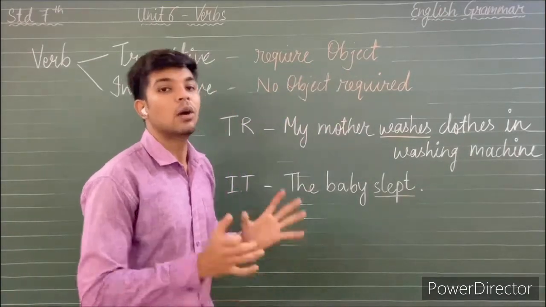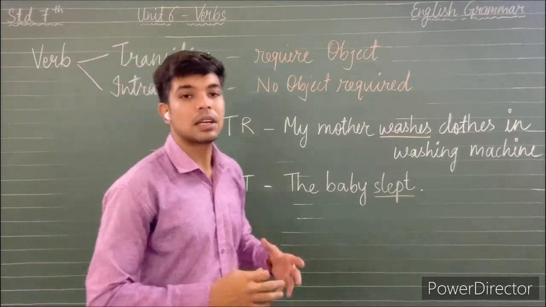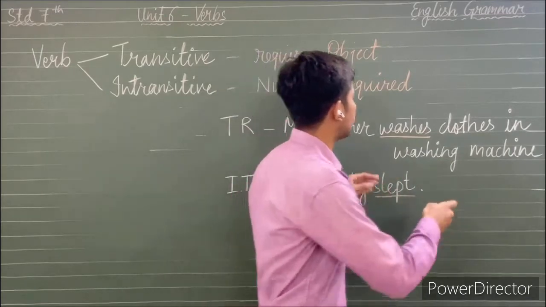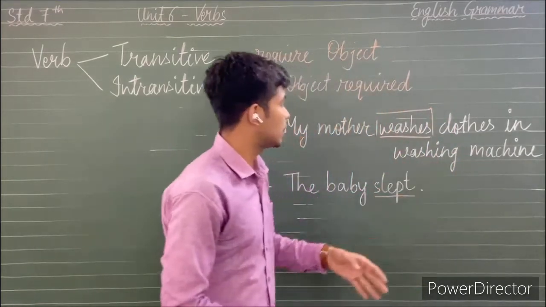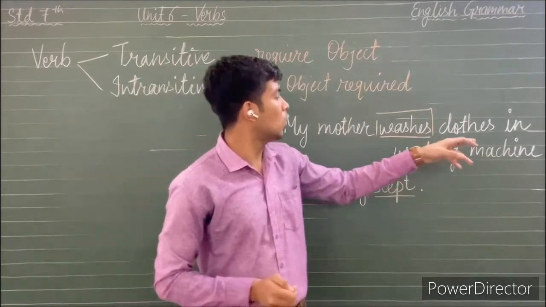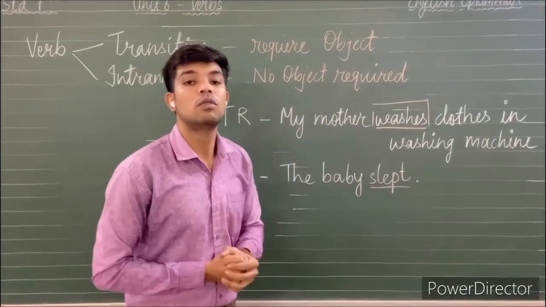So basically, what is the object of a sentence? The object is the later part of the sentence which depends on the verb. Here, washes is the verb and clothes is the object of the verb washes.